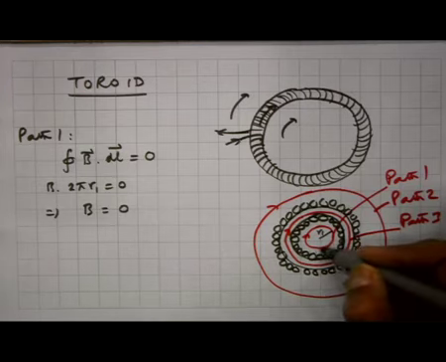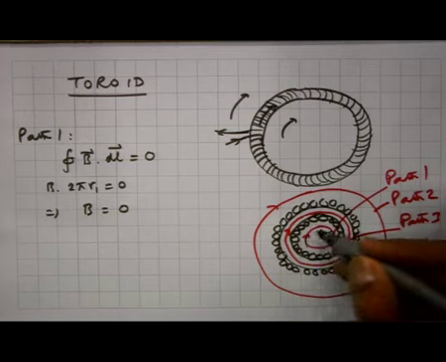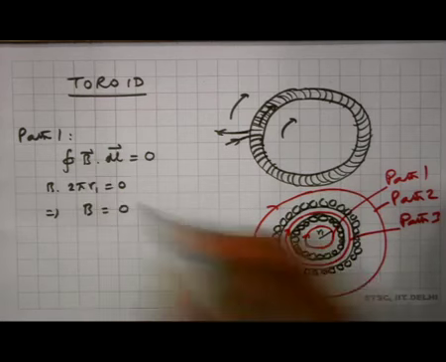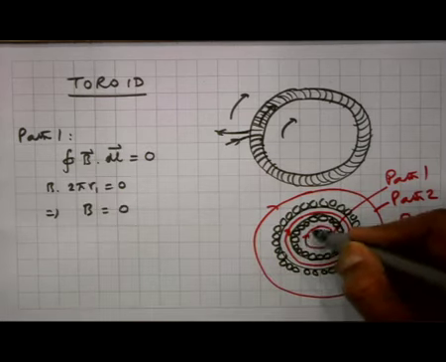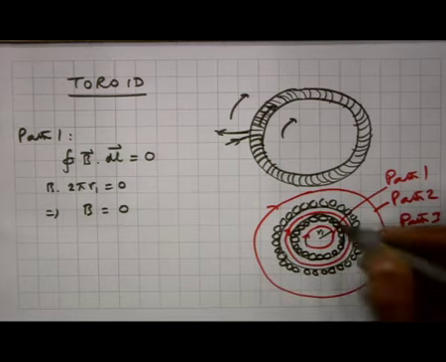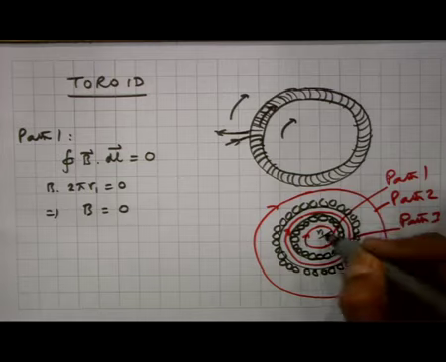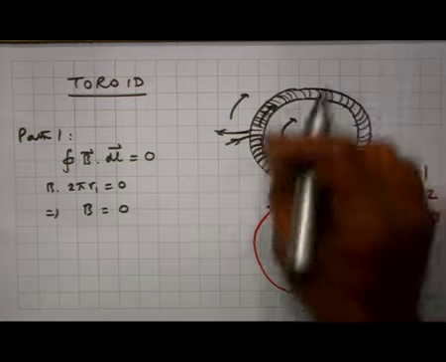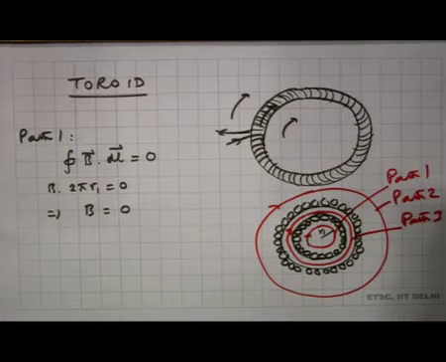Because the magnetic field is independent of the position along this circle, I can take B out of the integral. So, no matter where you are inside, in this complete region within the toroid coils, the magnetic field is 0.